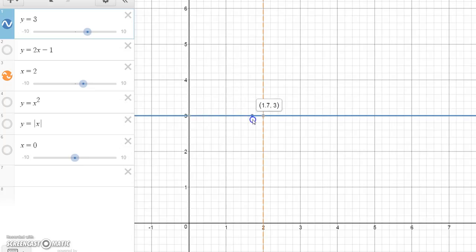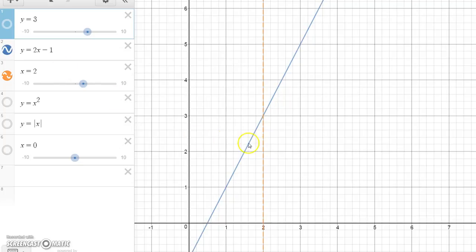Alright, now, what about the other one, 2x minus 1? Well, 2x minus 1 looks like this. But 2x minus 1 is only graphed if x is greater than or equal to 2. So you're only going to get these points. Then when you put that together, your graph's basically going to look like this.